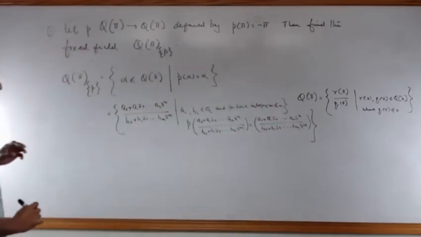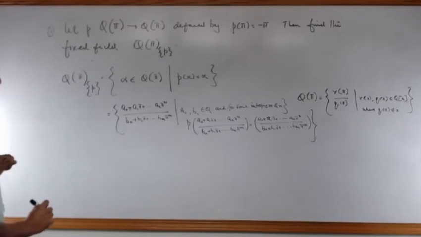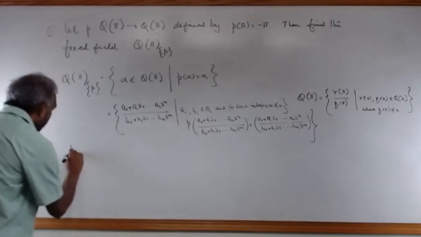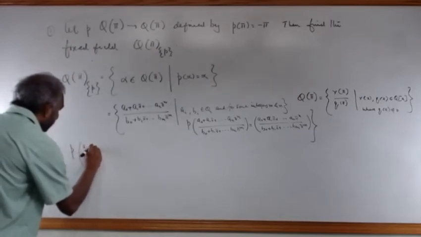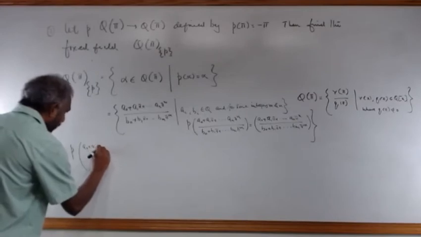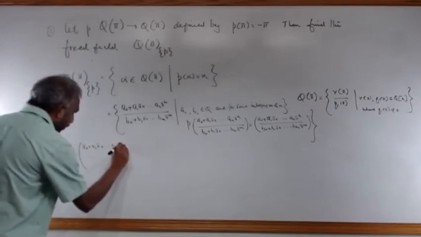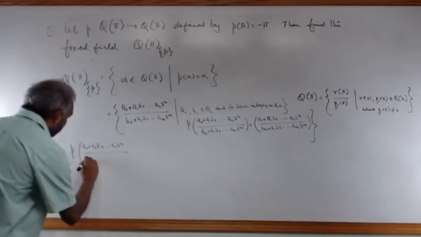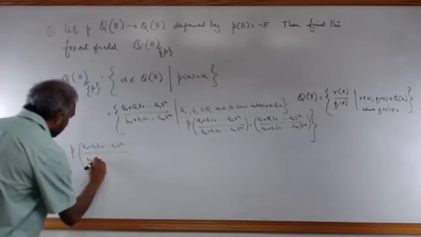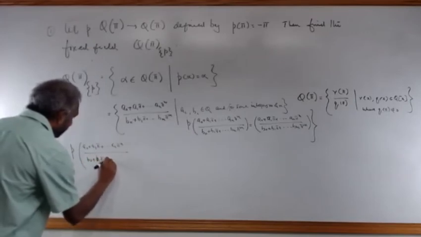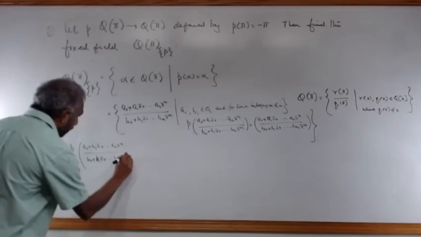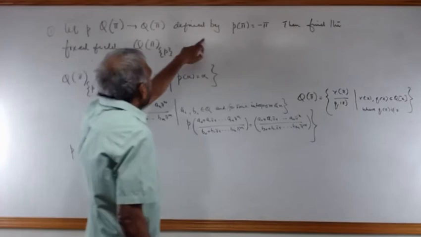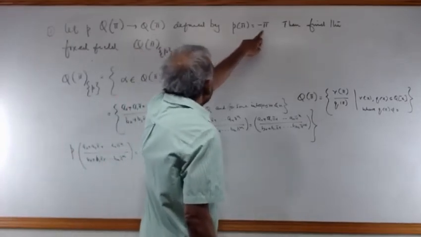Now, P of a0 plus a1 pi plus dash dash an pi to the power of n divided by b0 plus b1 pi plus dash dash bm pi to the power of m is equal to, we are defining P by P of pi is equal to minus pi.